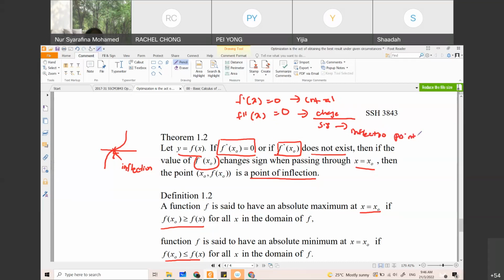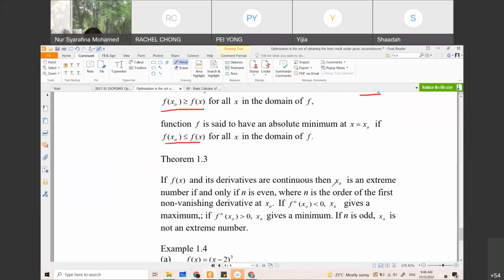Okay, and then for this case, if f double prime is less than 0, then we have a maximum. If f double prime is greater than 0, then we have a minimum. If n is odd, then x naught is not an extreme number.